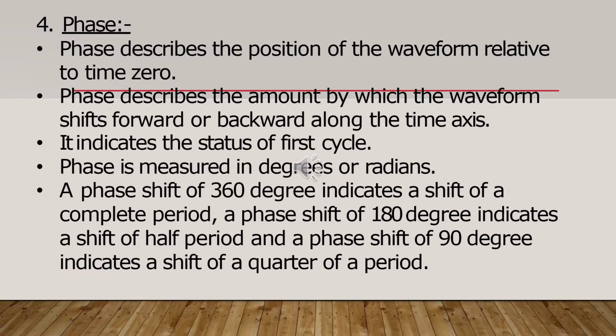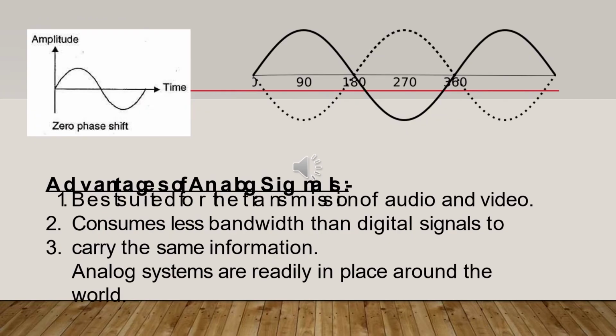Now the very important thing is why to use analog signals, or what are the advantages of analog signals, right? Generally it is mostly used for the transmission of audio and video. It consumes less bandwidth than digital signals too.